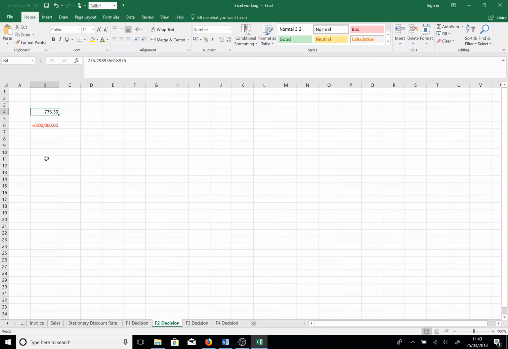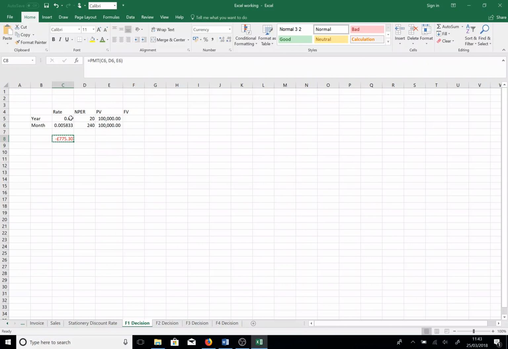Because the way that works is your payments are based on that interest rate, that present value, and that number of periods, you should be paying back 100 grand over the lifetime of the loan. You'll be paying more than that because you'll be paying interest. But that's what that present value is saying. What would the value of this today be, if you were to pay £775, 240 times, based on that rate, 7%?